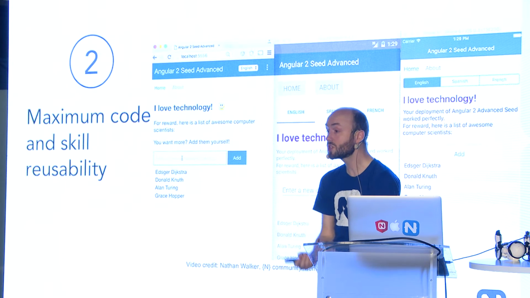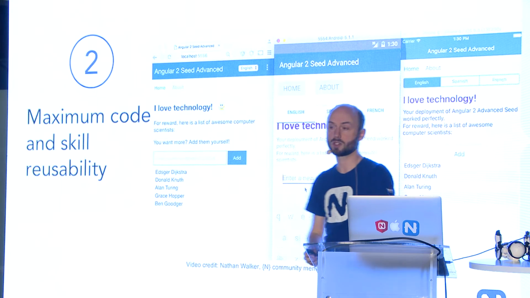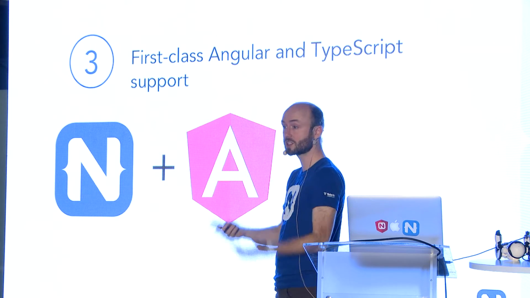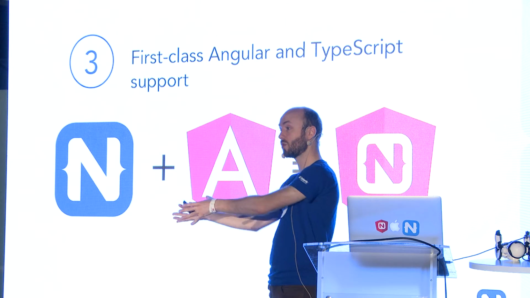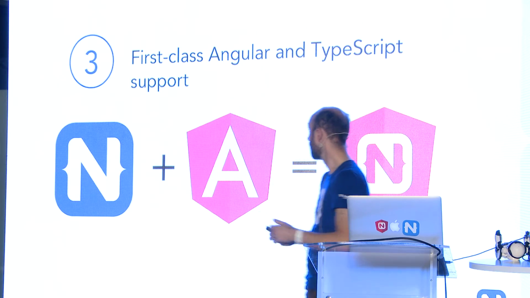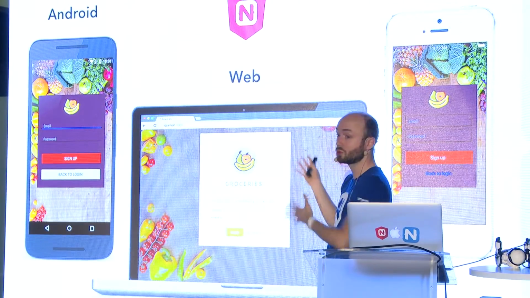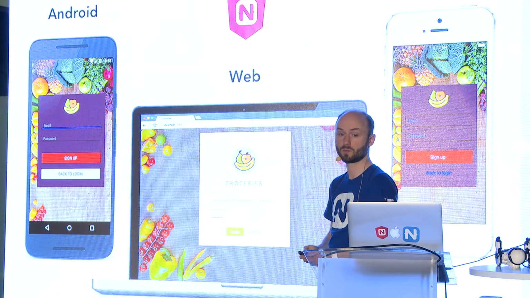But you're using exactly the same skills as you would use for building the web application. And Angular 2 itself is a first-class citizen for NativeScript. We have a specific integration for Angular 2 within NativeScript, which means that you can straight away use Angular 2 to target Android, iOS, and web using just standard Angular 2, right?